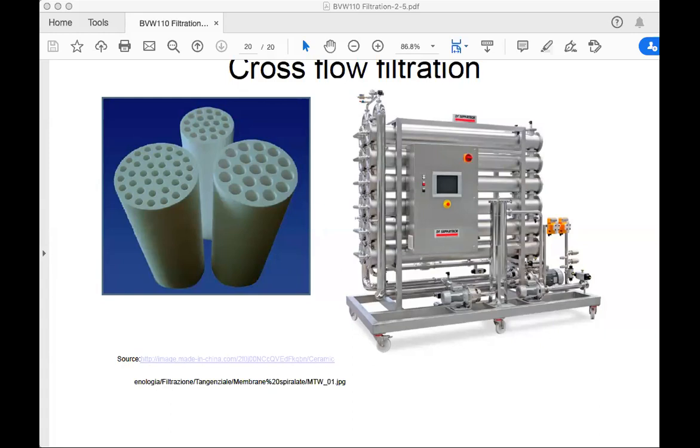So it's another number to get familiar with, and the other numbers to get familiar with are slightly more confusing, because the way filtration companies sell filtration media is they have their own numbering and lettering systems for different filtration media.